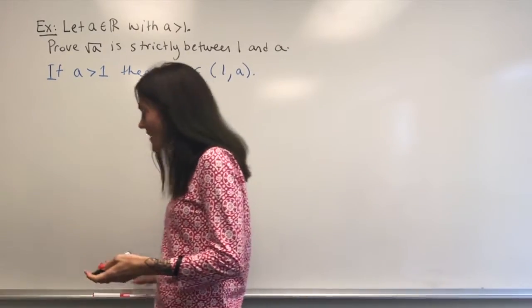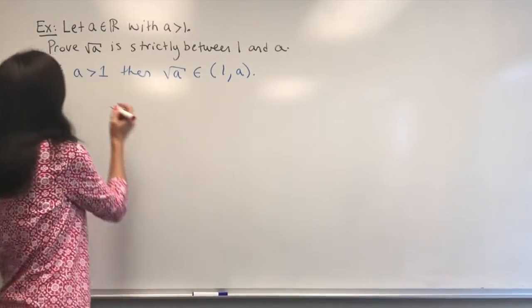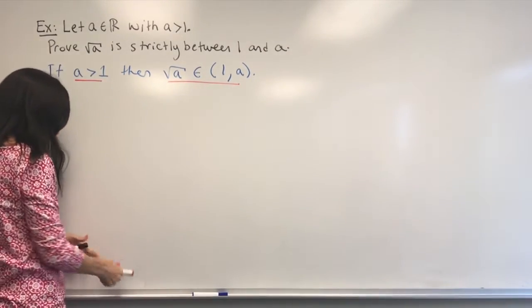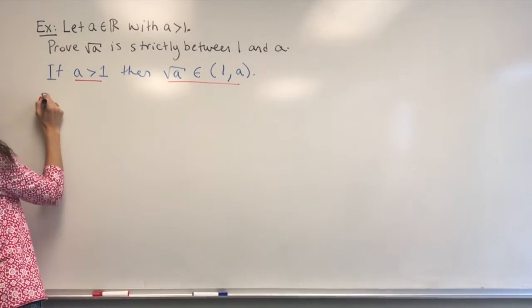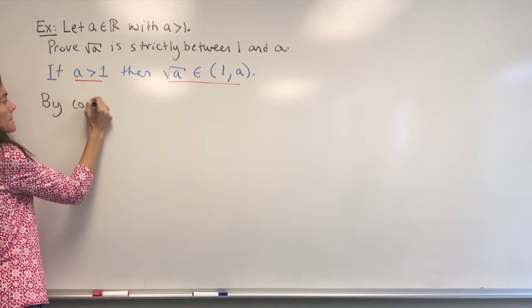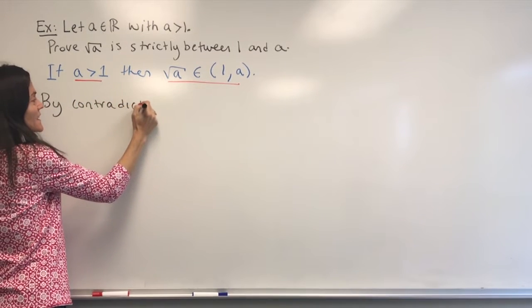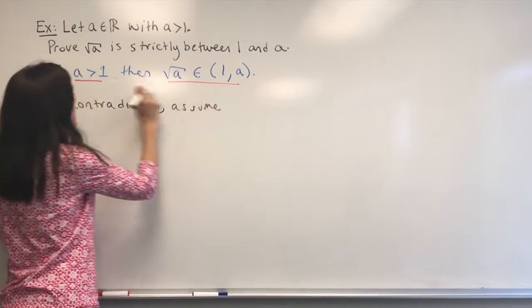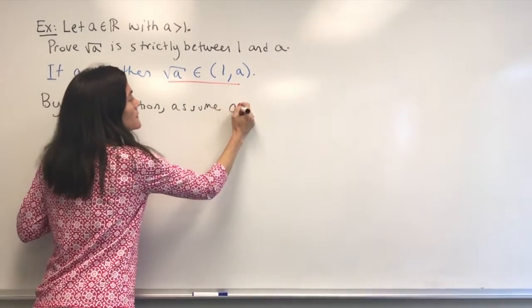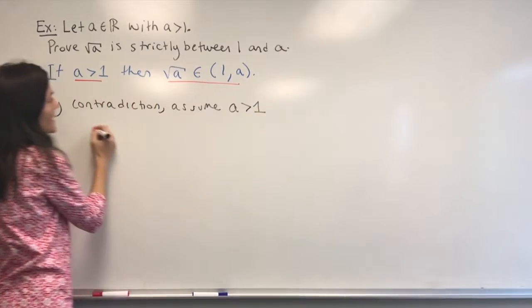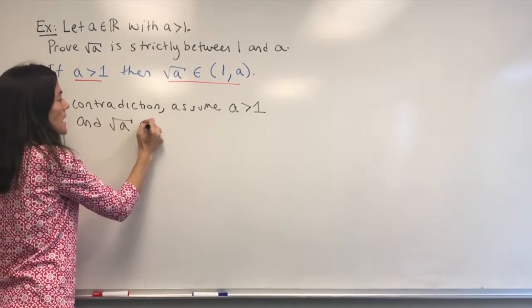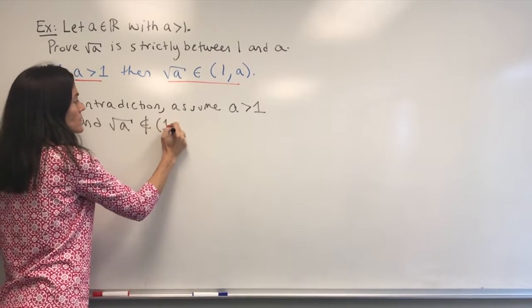And to do this by contradiction, here's our if and our then. So by contradiction, we want to assume this, and that the square root of A is not in this open interval.